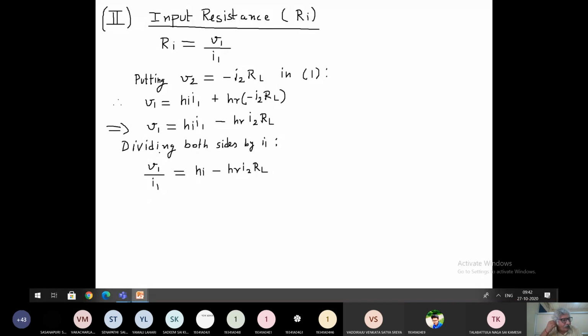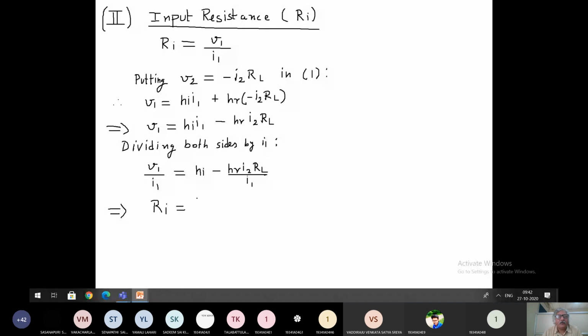So V1 by I1 is your input resistance. I2 by I1. Yes, I2 by I1. Okay.